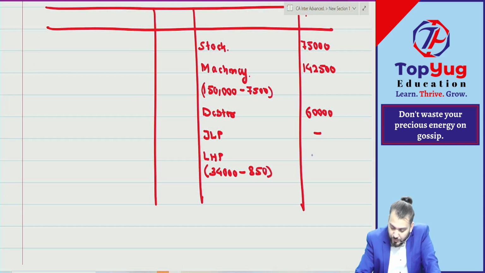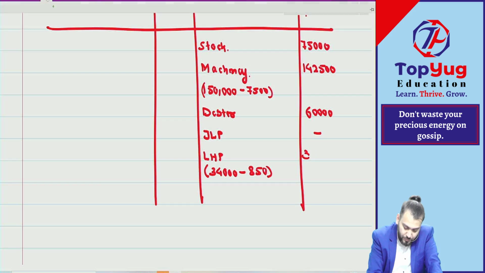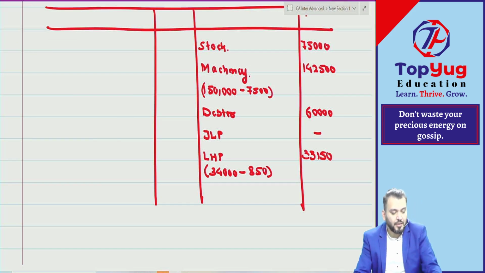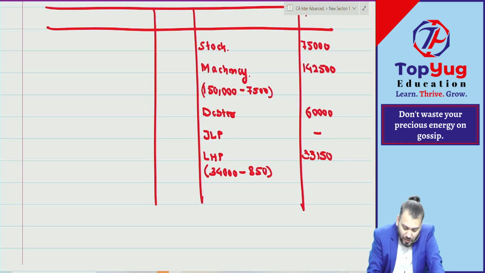That gives 33,150. Then the PL account should be transferred to capital, and the drawing account should also be transferred to capital.